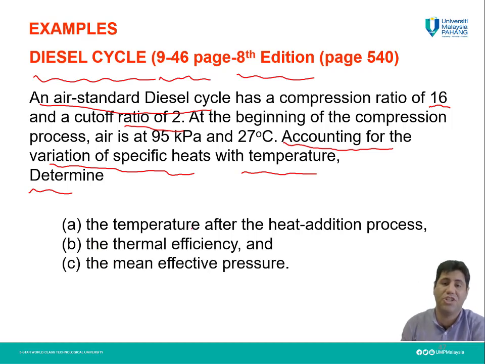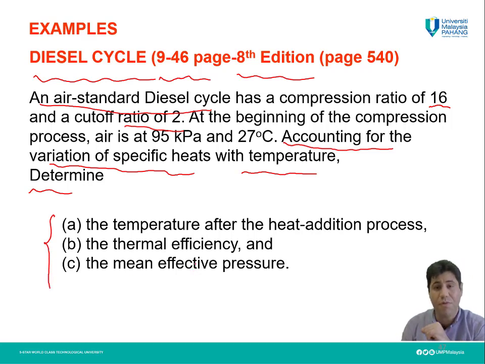A, the temperature after heat addition process, B, the thermal efficiency of this diesel cycle, and finally in part C, we need to determine the mean effective pressure of this cycle.